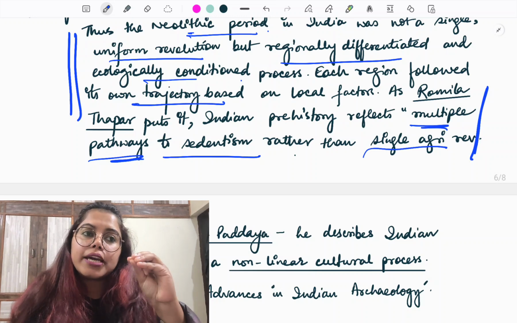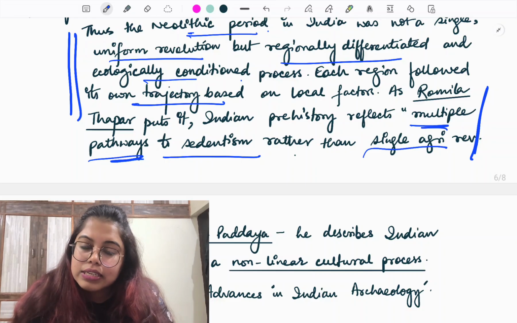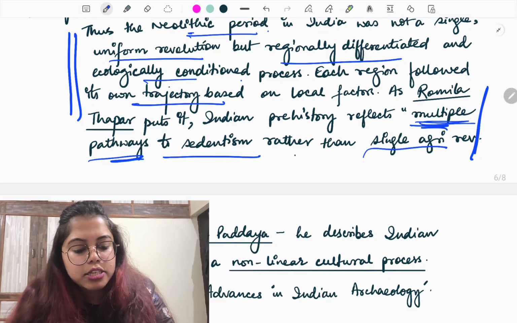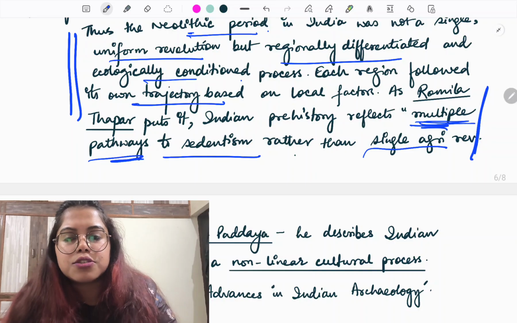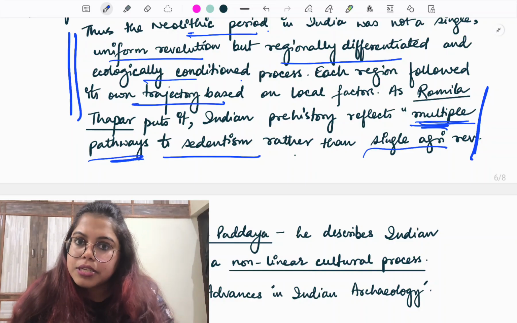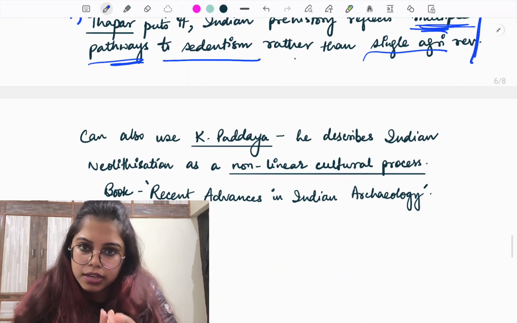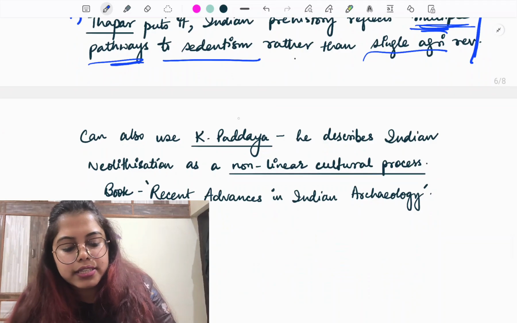Because of the ability of humans to grow food wherever they are staying. That thing in India did not happen in one way. There are multiple pathways to it. That is, different regions had different ways of it. In some regions, in fact, Mesolithic and Neolithic continued very closely. Understood? So that's what she wants to indicate, that it was not uniform. Same as what the question has asked.